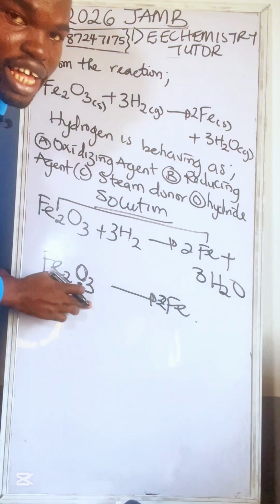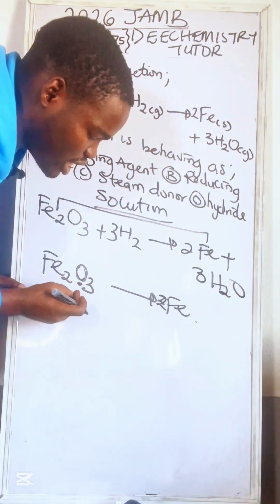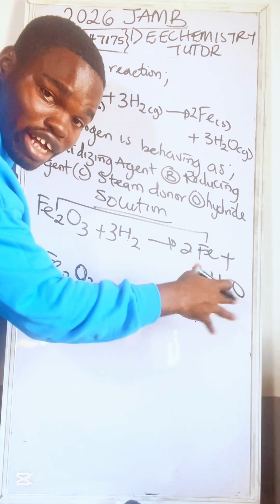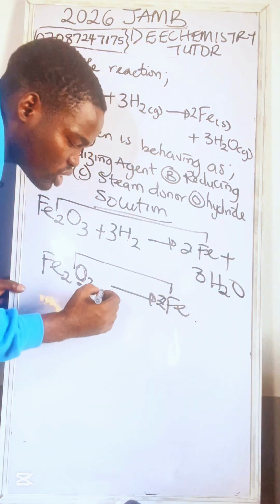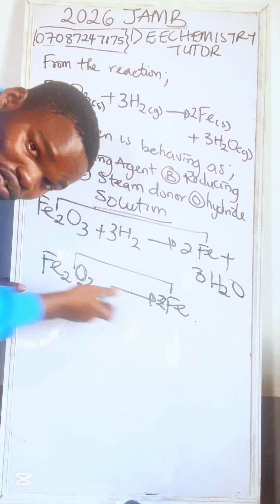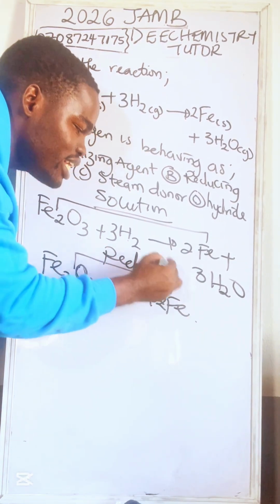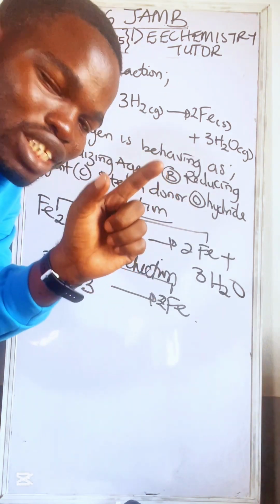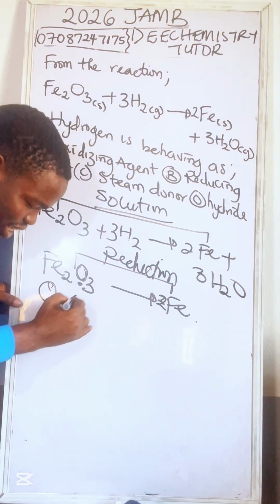So from here, you can see that oxygen is being lost. So loss of oxygen, from here to this, that you are giving out oxygen. That means this guy is undergoing what we call reduction. And anything that is undergoing reduction will be an oxidizing agent.